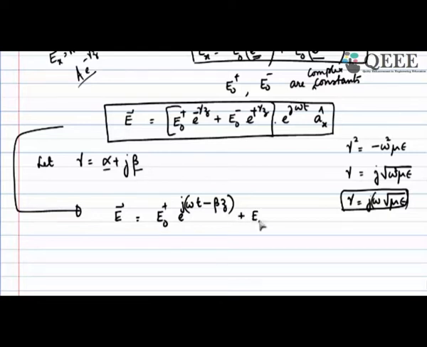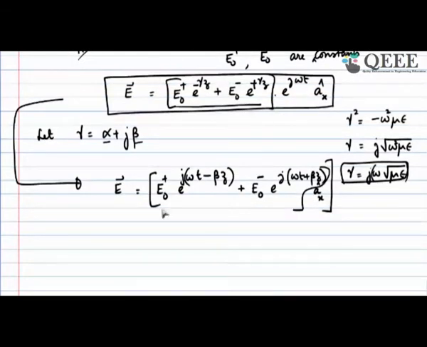As far as this solution is concerned, nothing has changed, and this is in the ax direction. This is my E vector. Now let's try and see what this means.